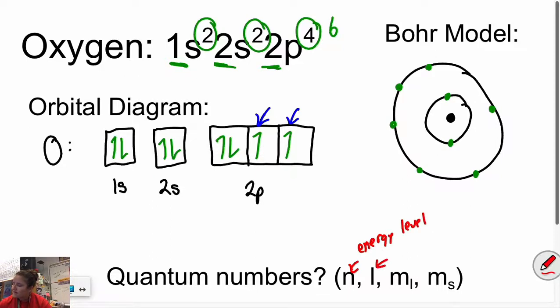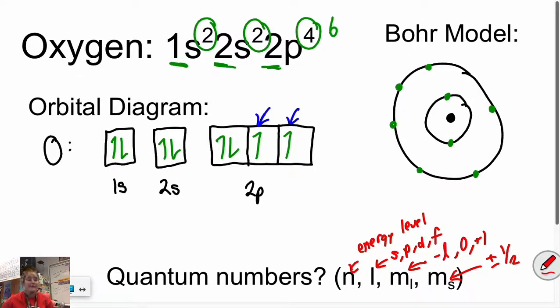L is the s, p, d, or f, which orbital it's in. M sub L is which specific orbital it's in, so it can range from negative L to 0 to positive L. And then M sub S is the spin, whether it's an up or a down. The values for that are always going to be plus or minus 1/2.